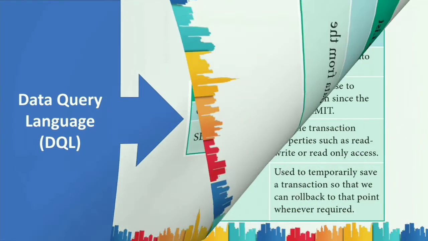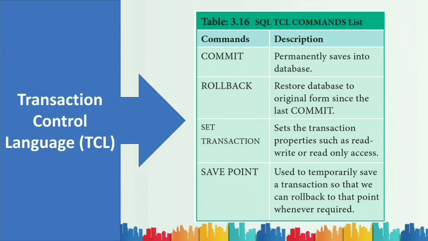And the next one is transaction control language. This transaction control language is used to save the changes permanently in the database. We have four commands. One is commit. Commit is used to save the data permanently. Rollback is used to restore the database to the original form.